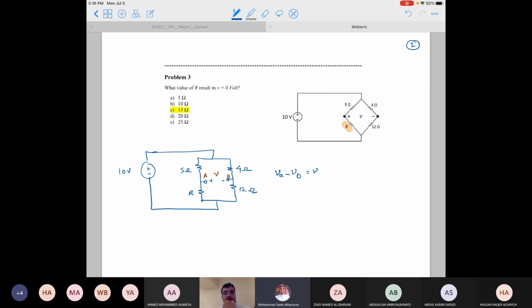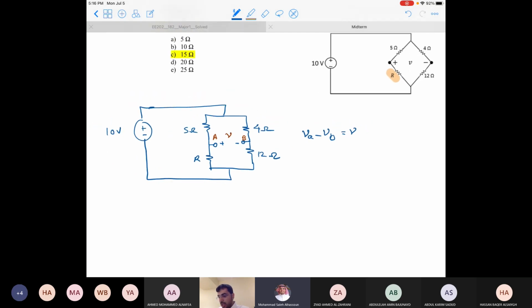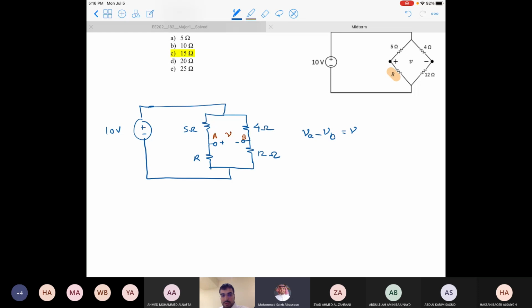So what I need to do, can I find VB? I can easily find VB because I know the resistors and they are in parallel with the 10 volt source. So I can apply the voltage divider law. I need to find VB, then I need to find R such that VA is equal to VB.